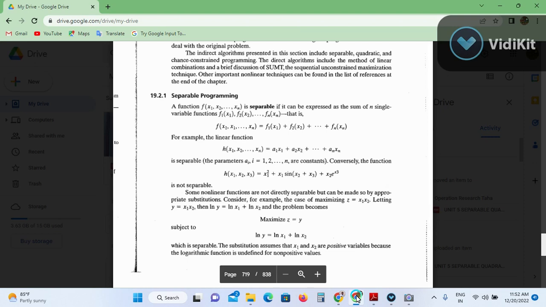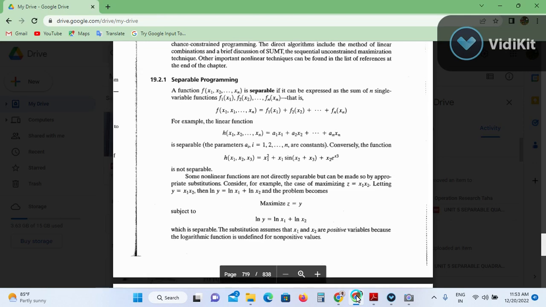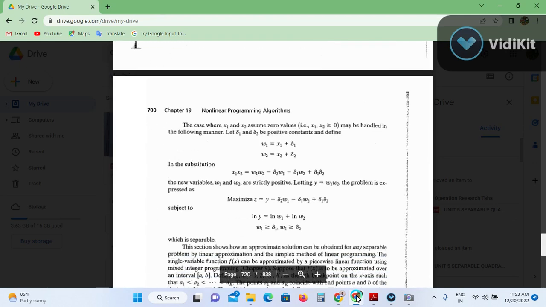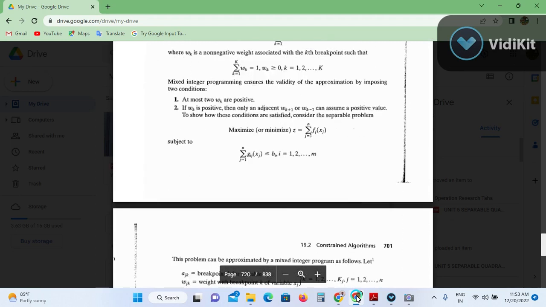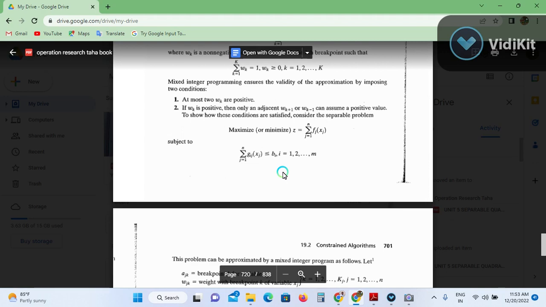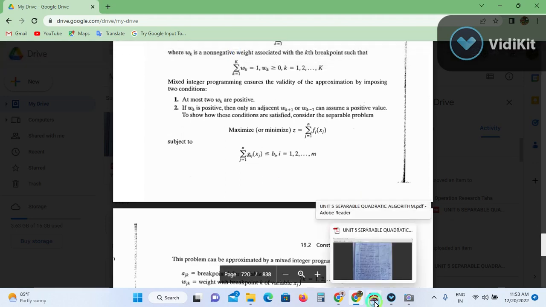We discussed some examples in the classes also, which functions are separable and which are non-separable. Maybe you all remember the concepts. Now, based on these concepts, let's move to the example to solve the separable programming algorithm using the approximation concepts.